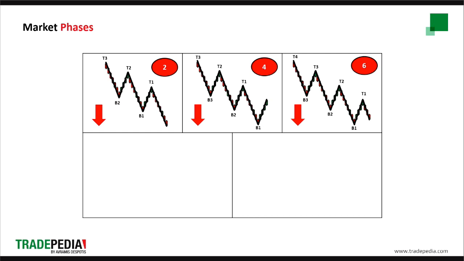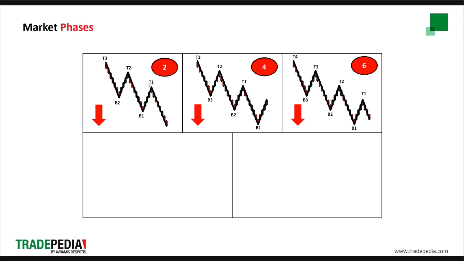So I am expecting prices to move from pattern number 6 back to pattern number 1, back to pattern number 2, right? Break below B1 will take me back to pattern number 2. And from pattern number 2, prices will not go down in a straight line, right? So at some point, prices will correct in the opposite direction and form a bottom lower than the previous bottom.